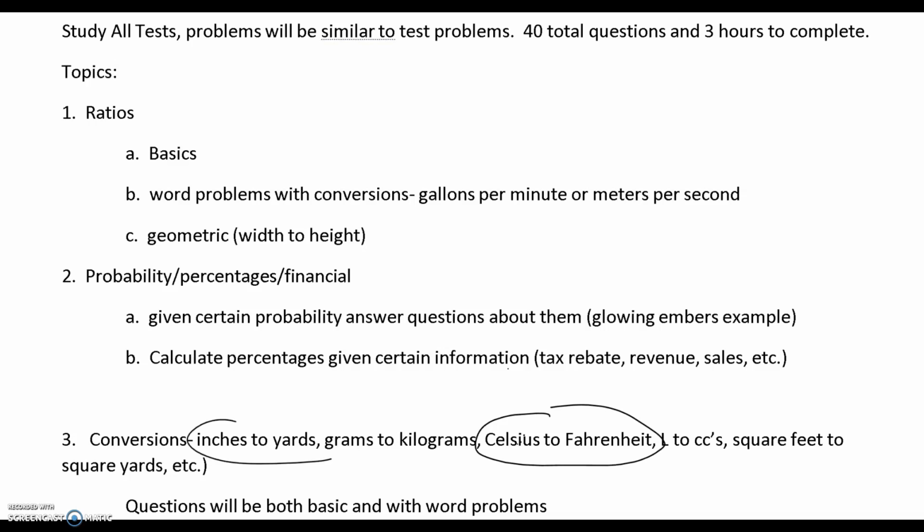Inches to yards. I think I remember a question like 3 weeks and 5 days. How many hours is that? That's a conversion, right? You have to know how many days are in a week, and then how many hours in a day, and so on. All your metric stuff, grams to kilograms, and then sometimes you're asked to go from one unit to the other. Liters to cubic centimeters, I think, was one from one of your tests.